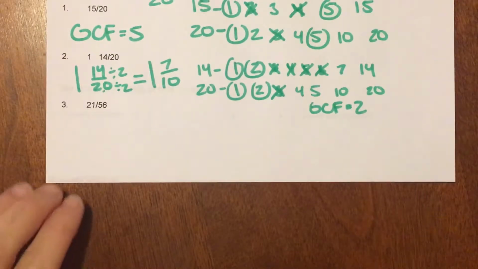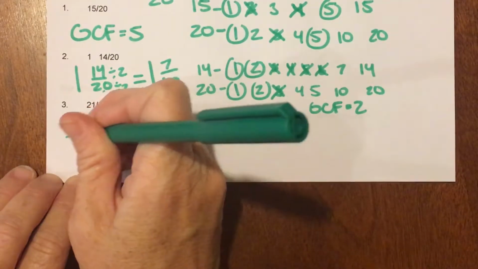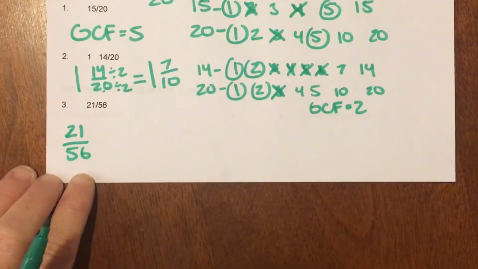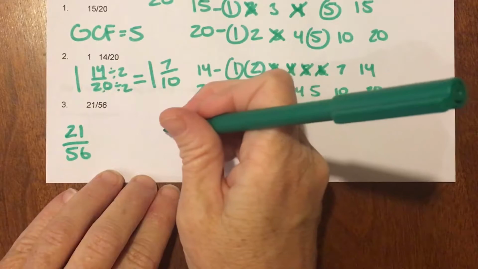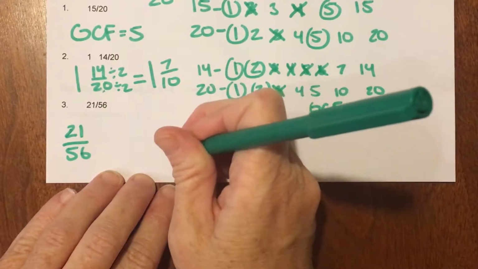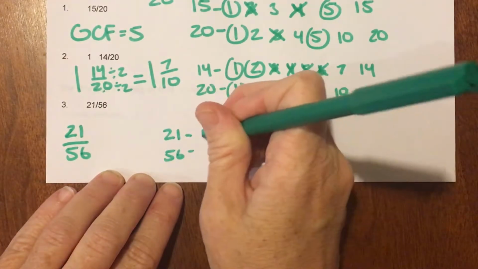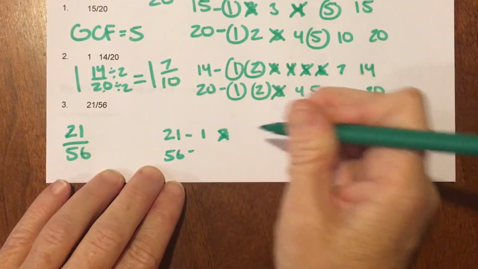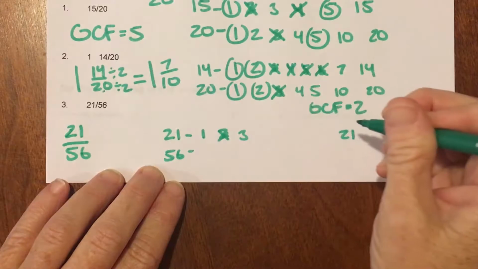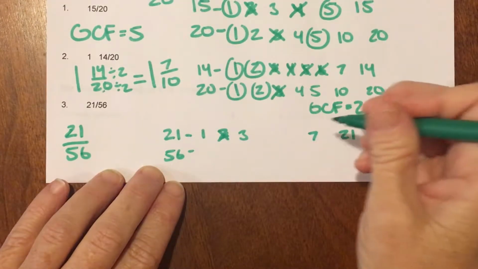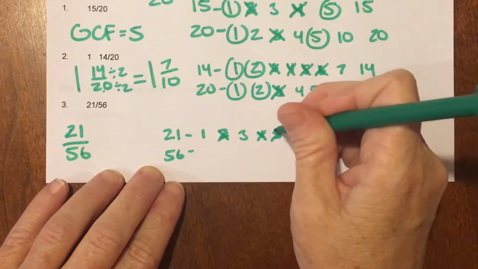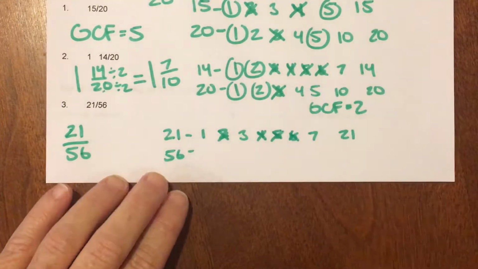This one looks tricky. 21 over 56. It looks scary just because the numbers are big. We're going to do exactly the same thing. So 1 times 21, 2 doesn't work, 3 times 7, 4 doesn't work, 5 doesn't work, and 6 doesn't work.